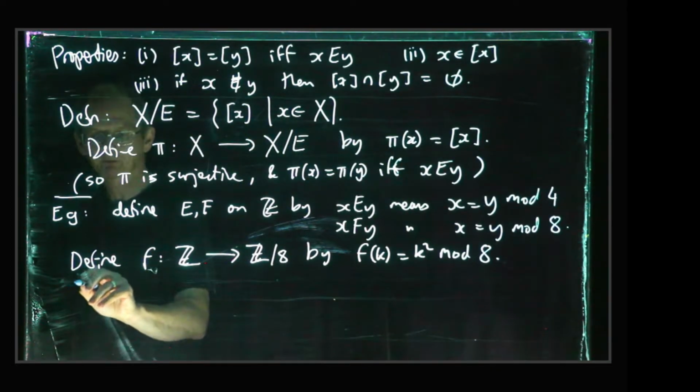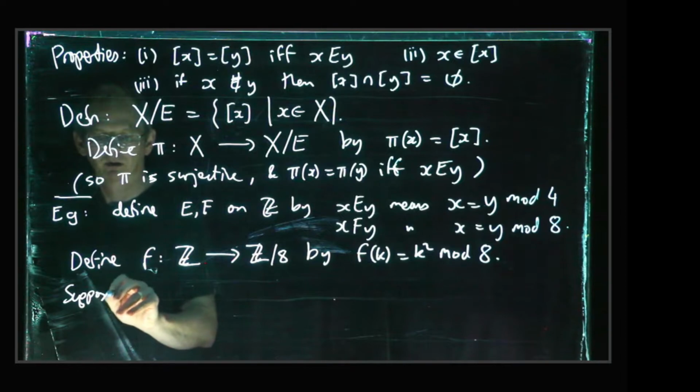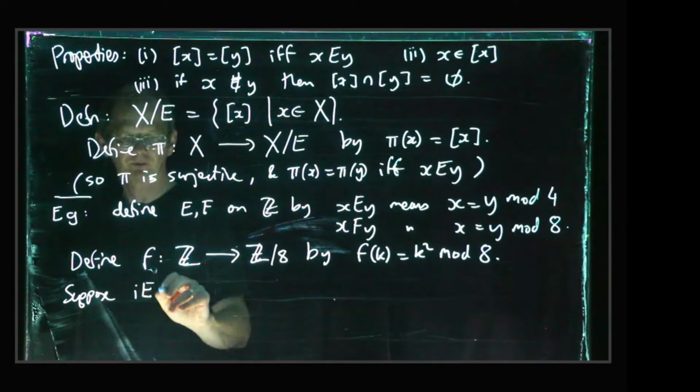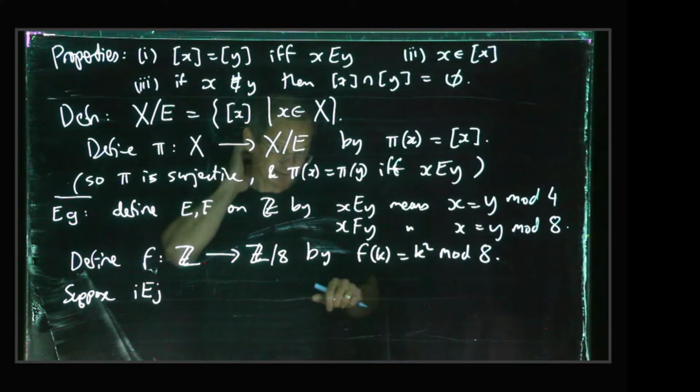Okay, so now suppose, let's say, i is related by E to j.